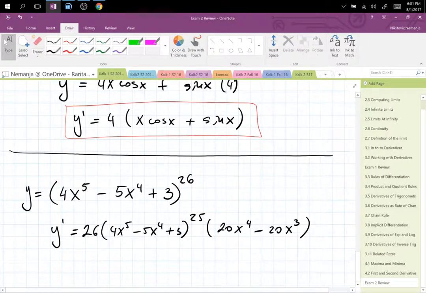So now when you take a look at these two terms, you can actually kick out 20x cubed.